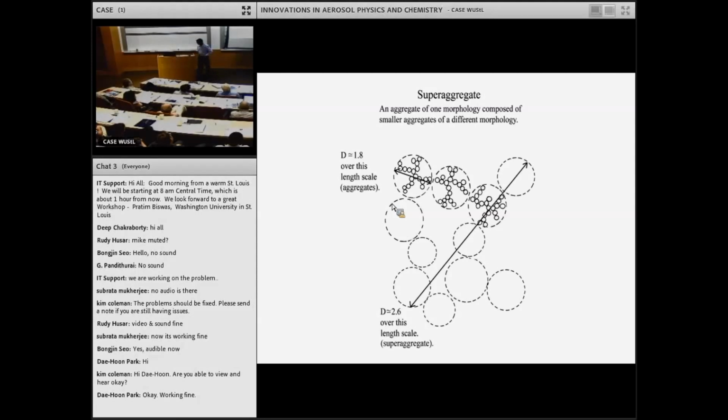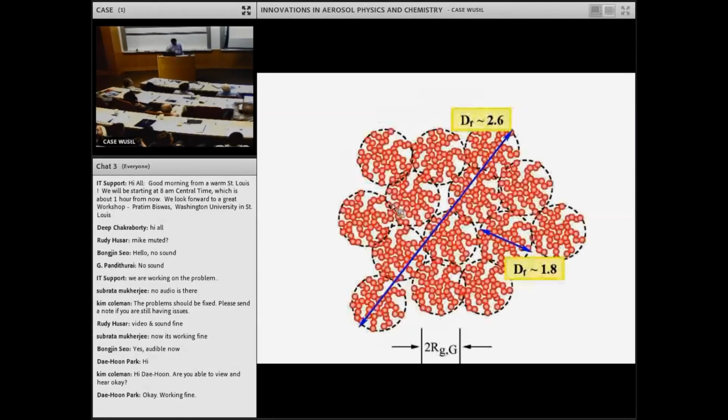Okay, so here is another set of those drawn a little better. So again, if you look at a short length scale, large Q is inversely proportional to length. At large Q, you will see a fractal dimension of 1.8, and over a large distance, you will find a fractal dimension of 2.6.